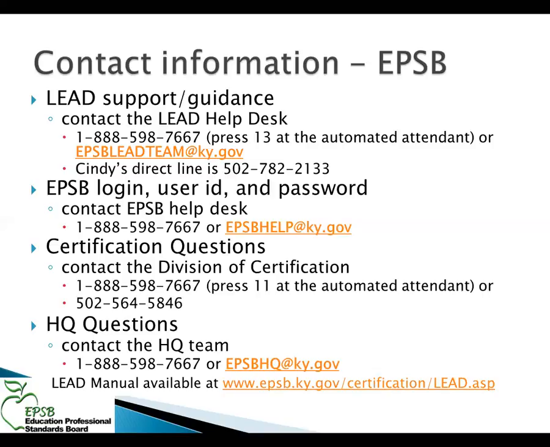You can also dial our toll-free number and press 11 at the automated attendant for certification. If you need to get to me and want to use the toll-free number, press 13 and you don't have to listen to all of the talking. My direct line is 502-782-2133. If you have any questions for me at this point, I'm going to open up the chat room and go on, and you can type any questions that you have into the chat room.